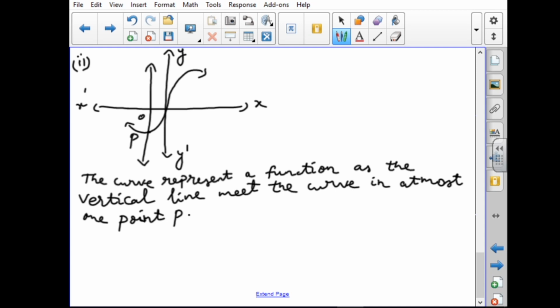Once again you have to see here the given graph, we have to draw the vertical line. The vertical line is intersecting the curve in one point. So this is representing a function.